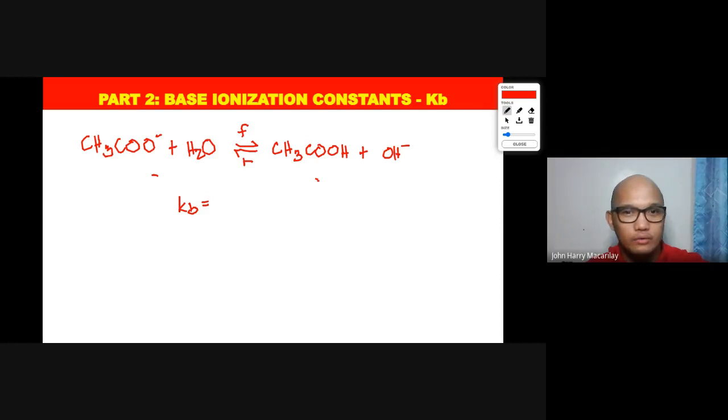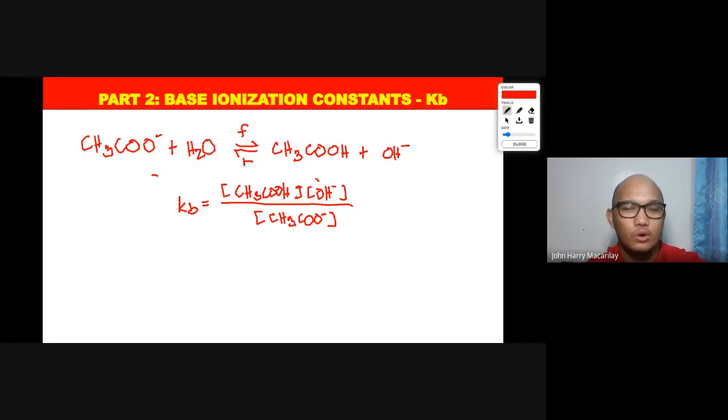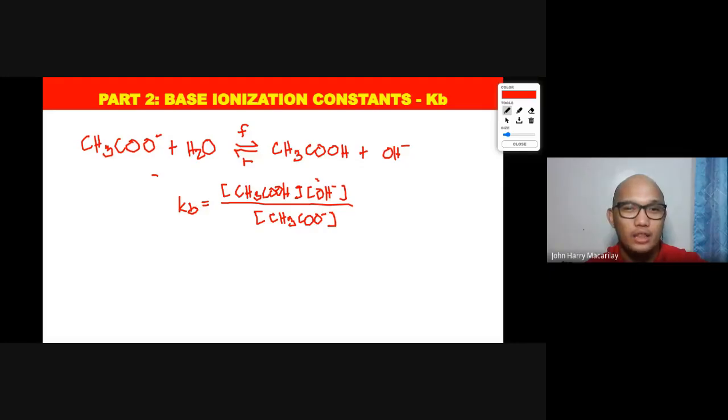So it will become acetic acid, which is a conjugate acid here, and a hydroxyl ion. Again, the brackets represent molarity, so moles per liter, and your base, which is your acetate ion. Okay, so we can remove water, because it is always present in the reaction. It is disregarded or negligible because its concentration is very, very small. That's why we can remove it in the equation.